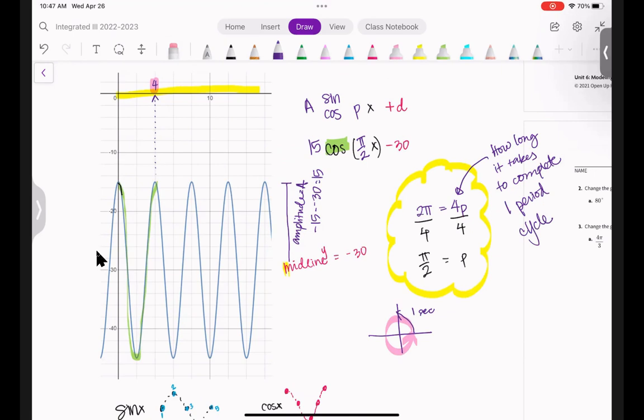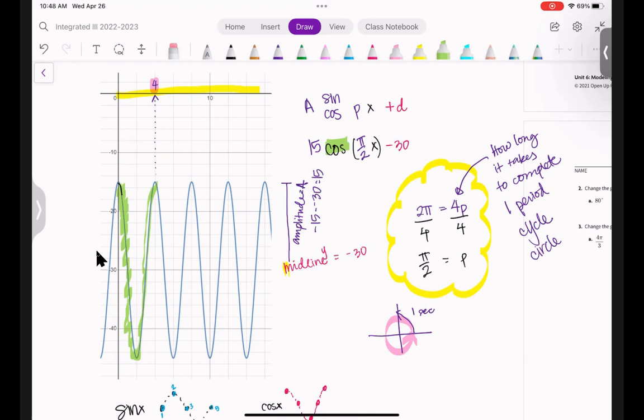If you want, circle. It's one of those, however it makes sense to you. So here we went from the top, I'm highlighting in green again, all the way to the bottom, all the way back up to the top, and then we would repeat, right? So that means it took 4 units long. So that's where that comes from.